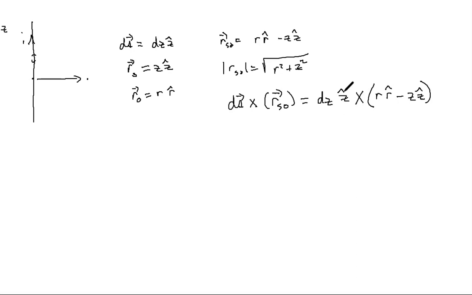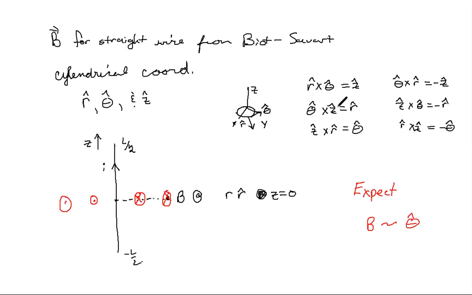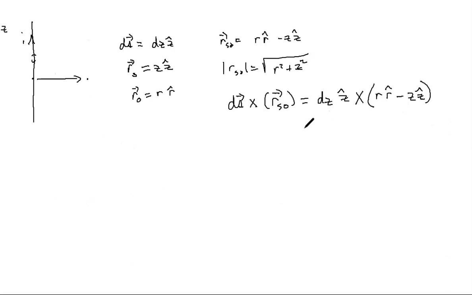I'm aided a little bit because z hat cross z hat is 0. So only z hat cross r hat appears. And if you look at our list here, z hat cross r hat gives me a plus theta hat result. That's good, that's what we expected. So this simply gives me r dz times theta hat. The other term cancels.